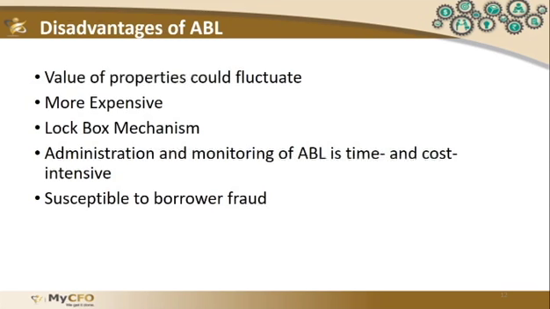That way, the lender ensures that the collateral collection is being applied to the loan and the loan amount comes down. For the lender, the administration and monitoring of ABL is time and cost intensive and particularly susceptible to borrower fraud, especially when a business experiences unpredictable cash or financial troubles.